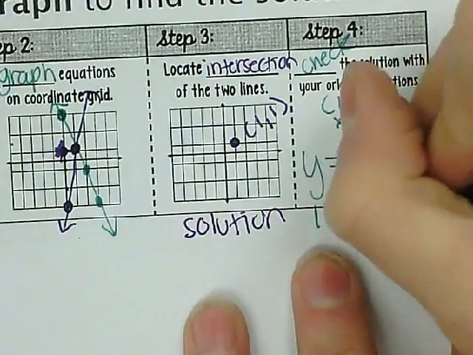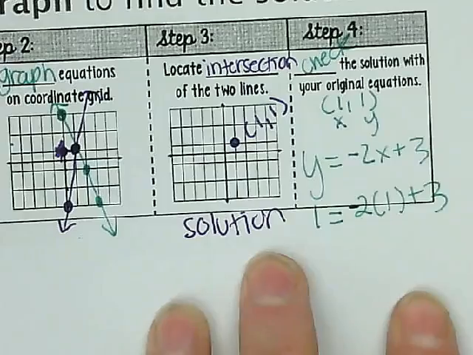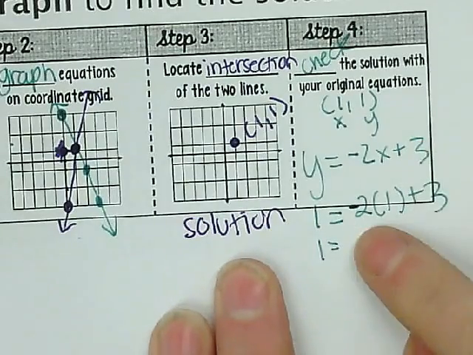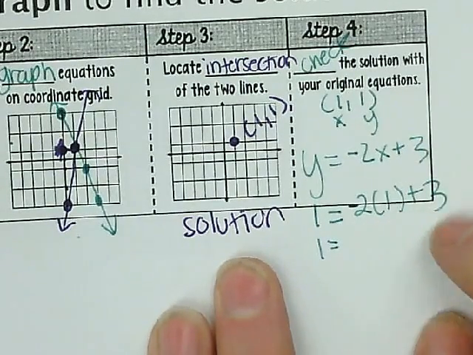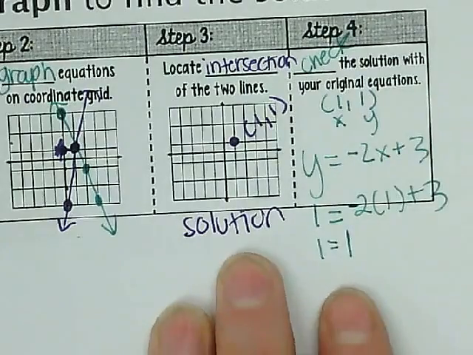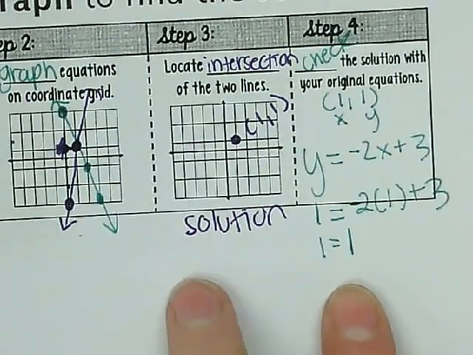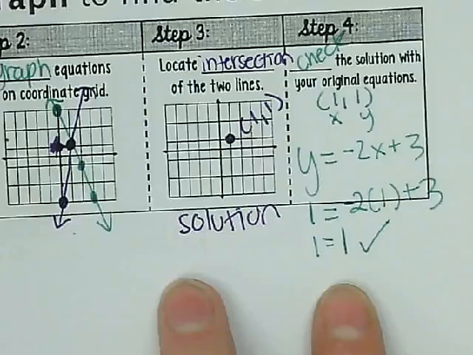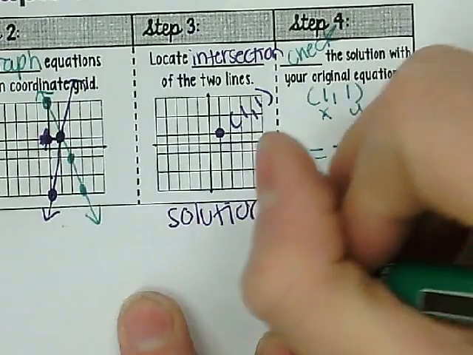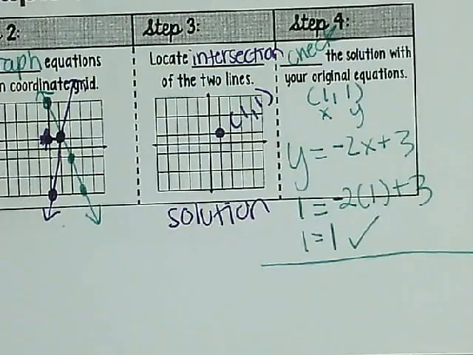Oh, that's a -2. Whoops. So I get 1 equals -2 plus 3, which is +1. Does 1 equal 1? Yeah. So then that is a solution for that line. Let's check the other one. Yeah, hold on a second.